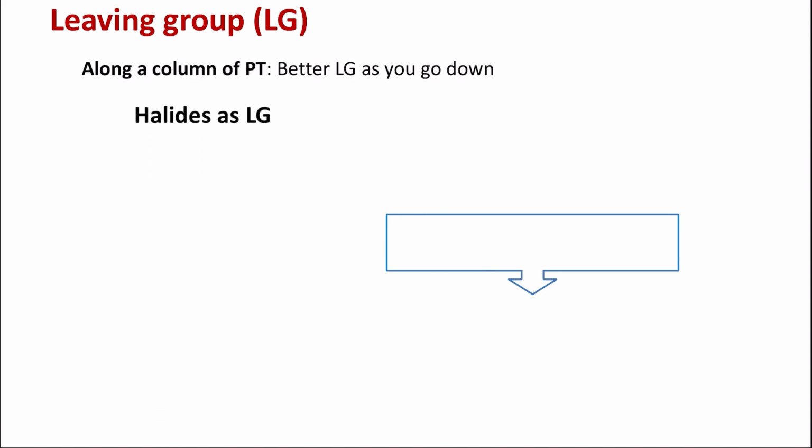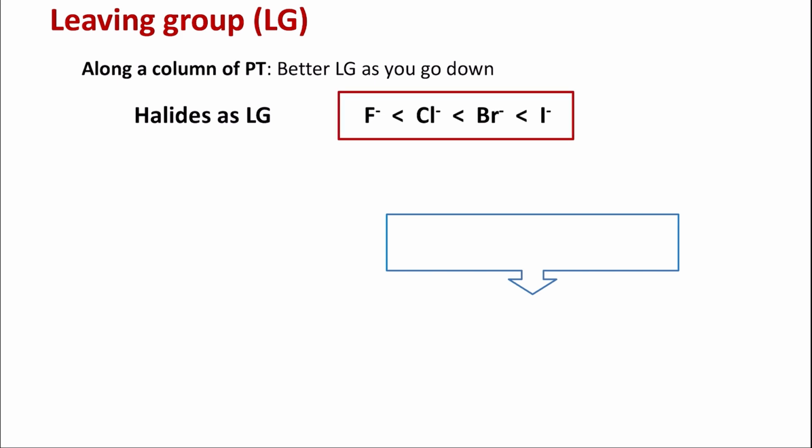So we can look at the different leaving groups and see a trend. Along a column of the periodic table, we have better leaving groups as we go down. So for halides as leaving groups, iodide is the best one, followed by bromide, followed by chloride, followed by fluoride.